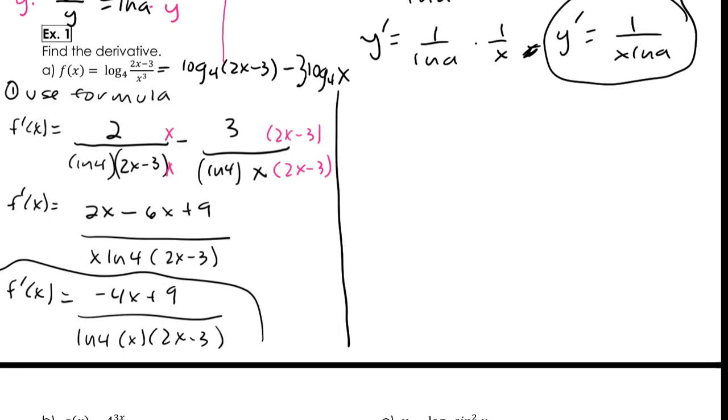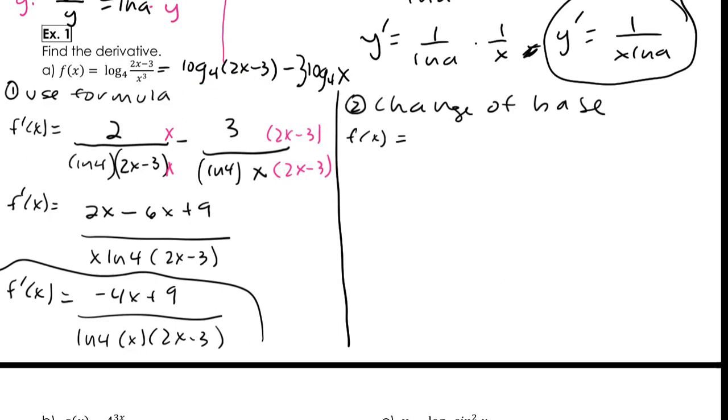If you don't like memorizing formulas, you could use change of base. So I'm going to take this expanded thing right here. I'm doing the same problem another way, using change of base. If I'm not a fan of anything that's not base e, then I'm going to rewrite this. This first part is going to be natural log of 2x minus 3 over natural log of the base.